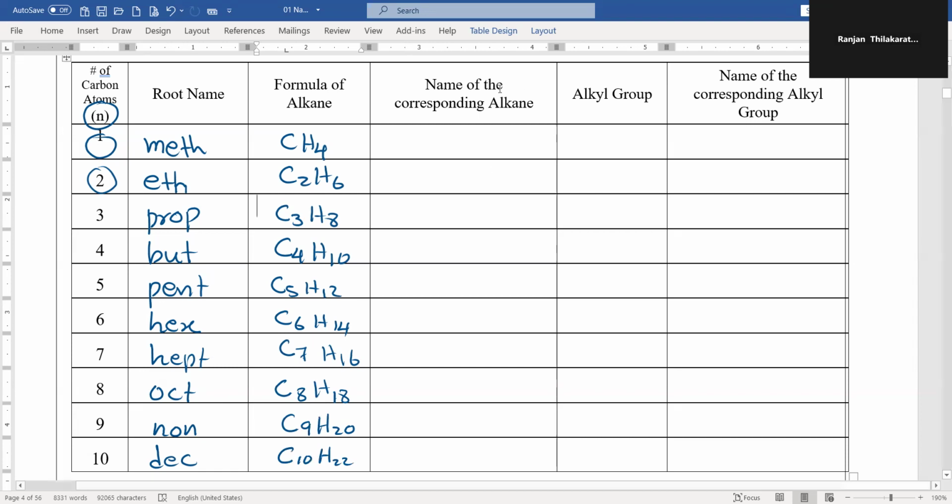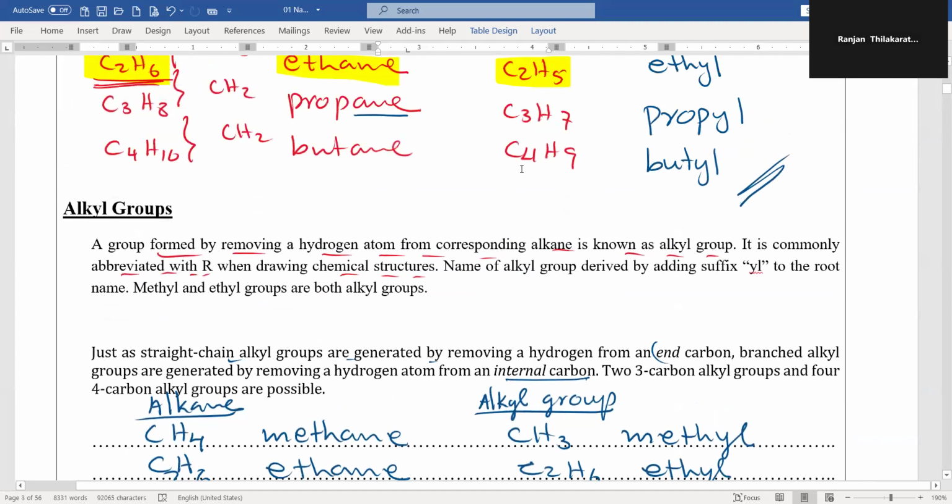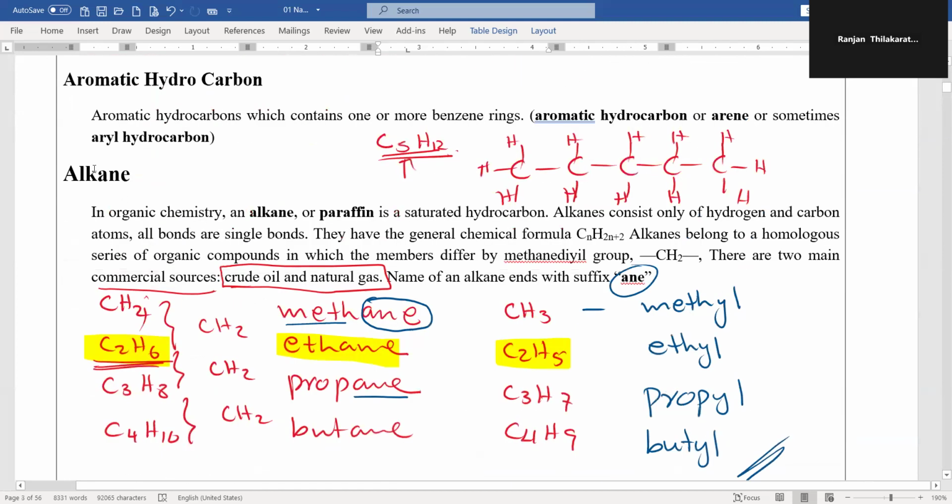The name of the alkane, the name of the corresponding alkane. By considering these alkanes are straight chain, that means no branches. Later you will understand what it really is, having no branches. The name of an alkane ends with the suffix ane.